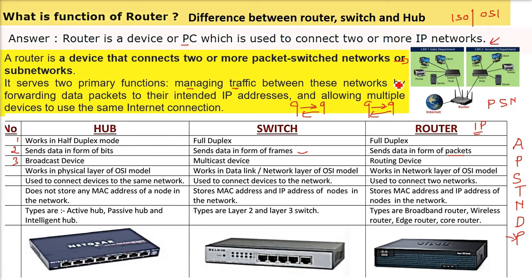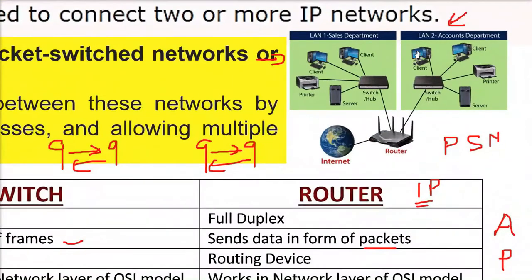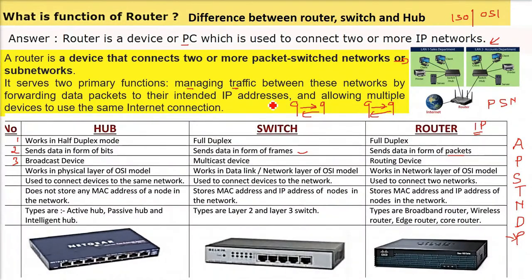Okay, coming to broadcast. Hub is just broadcasting everything. That is, if one client is there, all the information it wants to send, it will send to all whichever are connected to this hub. Hub just transfers the thing. Switch does the multicasting.